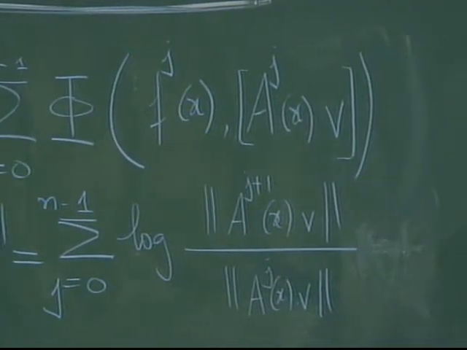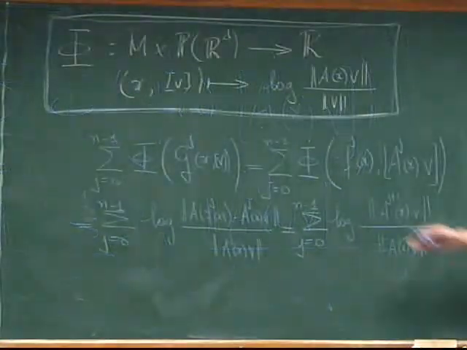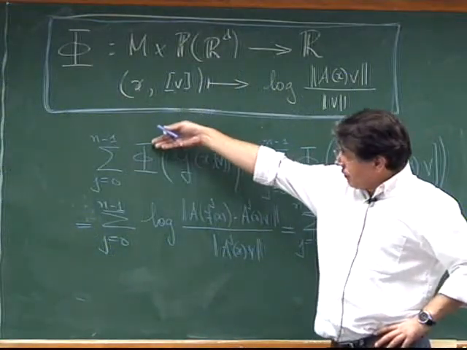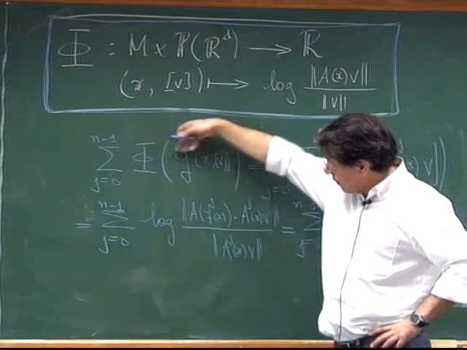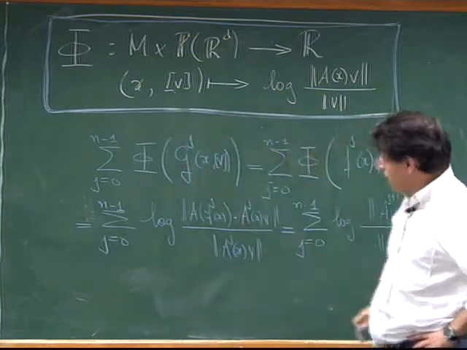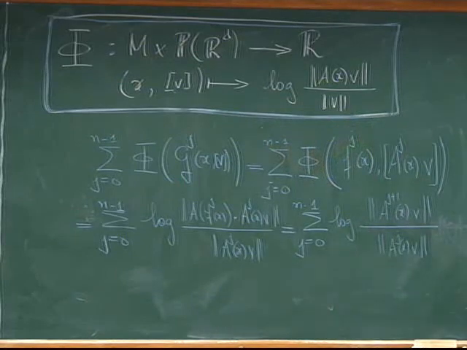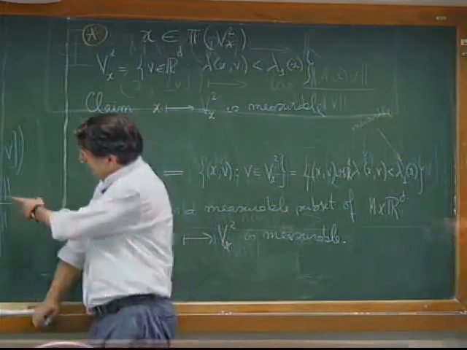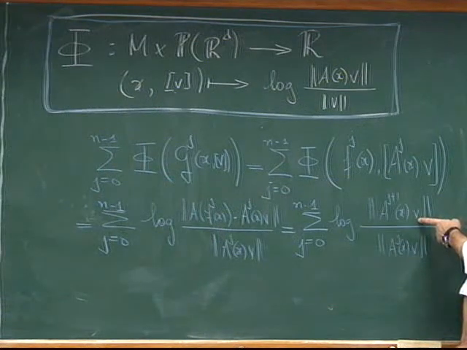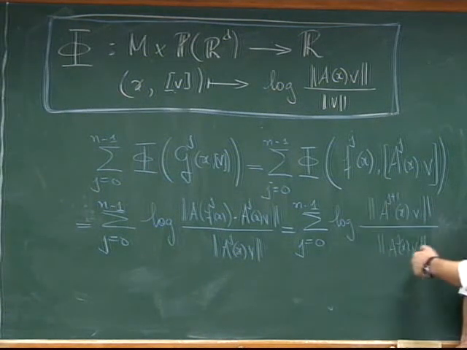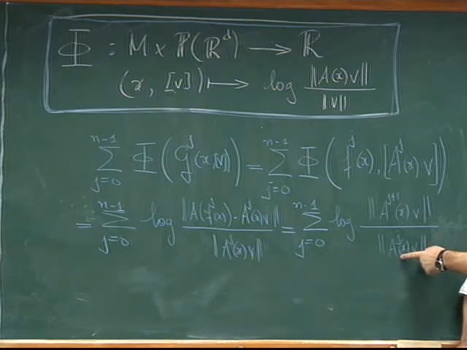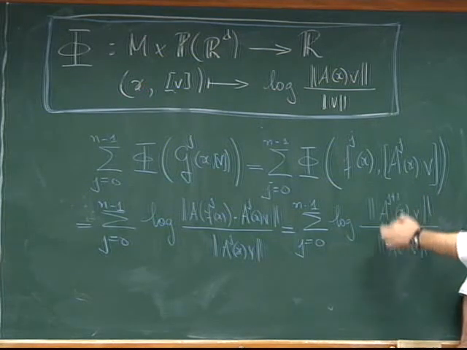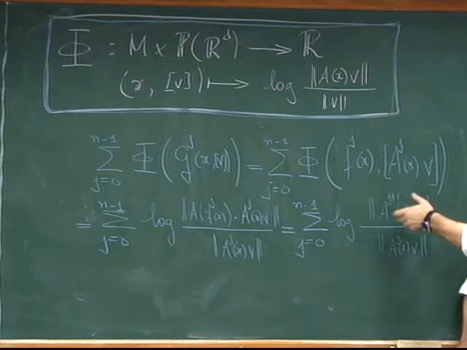This is a very clever idea. This sum is a Birkhoff sum of the function phi with respect to a certain dynamical system G. But when you spell it out, it turns out that the terms here are just a certain sequence at time j plus 1 minus the same sequence at time j, because the logarithm of the quotient is the difference of the logarithms, so we have a minus.